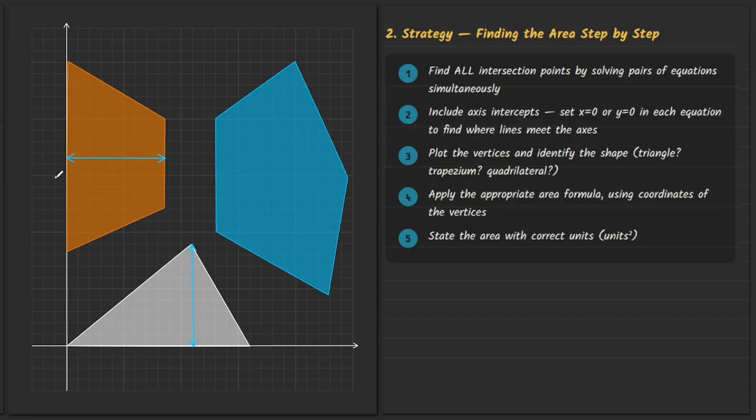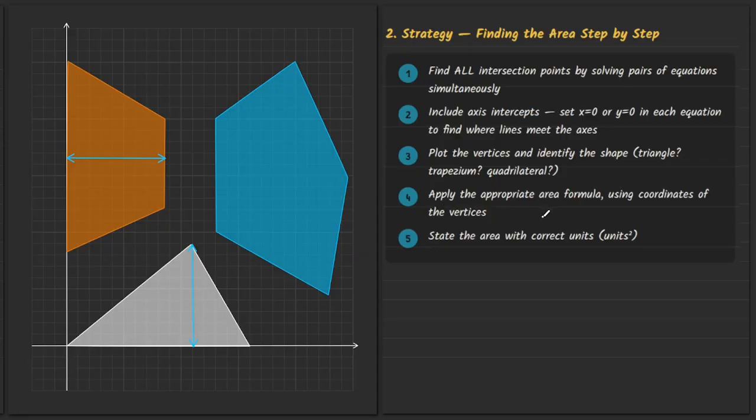So you try for both so that we actually get the coordinates of the points. This intercept and this one would have given us the 3 points. Then if we are able to do that, we now plot the vertices and identify the shape.